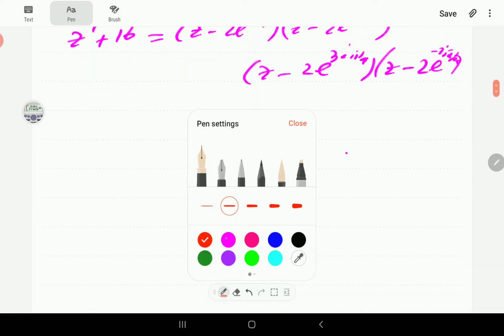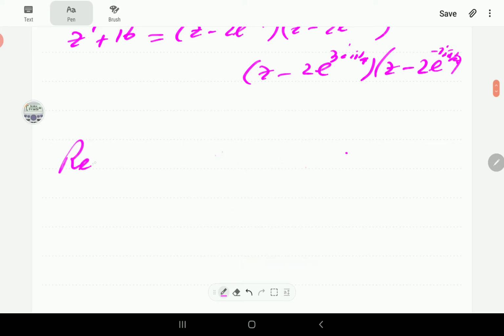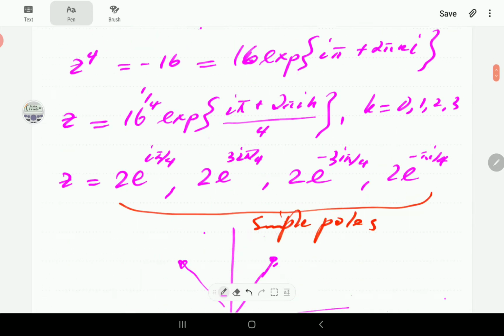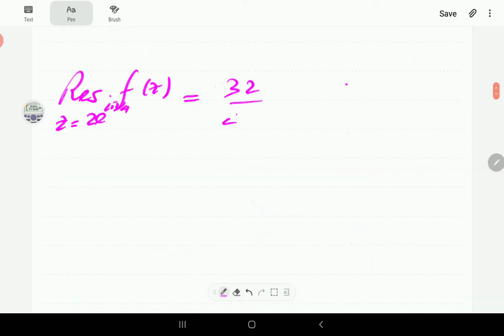So the residue, if we start with the first one at z equals 2e to the i pi on 4, is going to be 32, then we take the derivative of the denominator, so that's going to be 4z cubed.